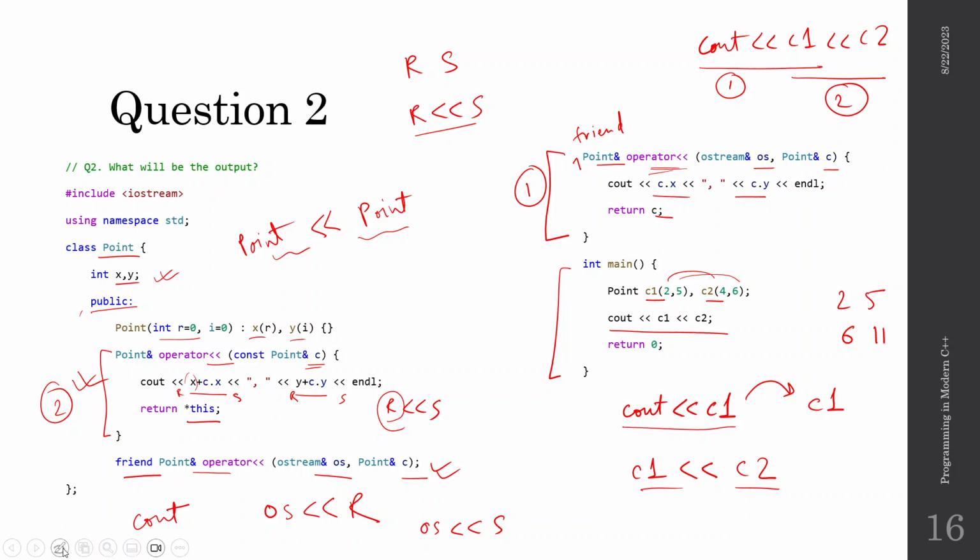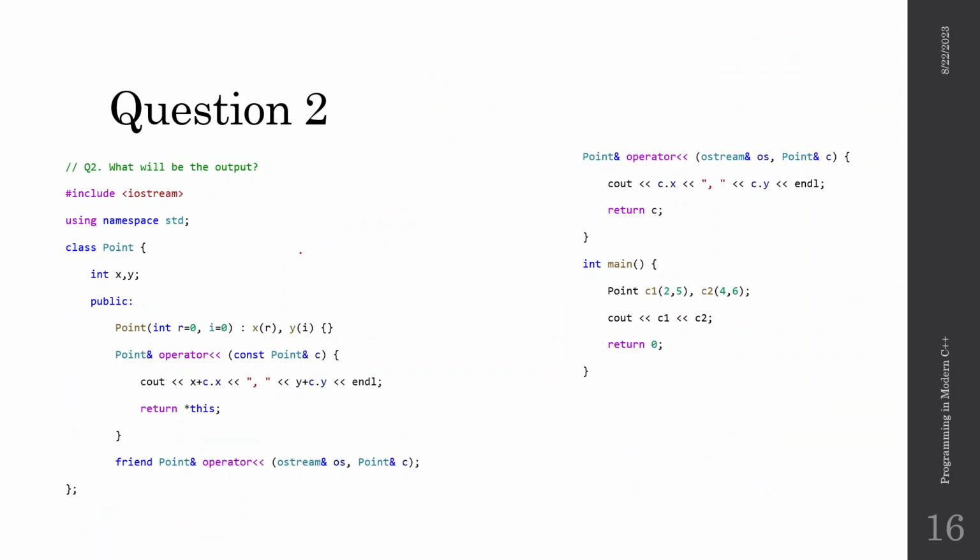Let me repeat this one more time. In this question, first we have a class with two private data members x and y, and then we have a simple constructor, and then we are overloading the output streaming operator. But we are giving two implementations for it, one here and one here.